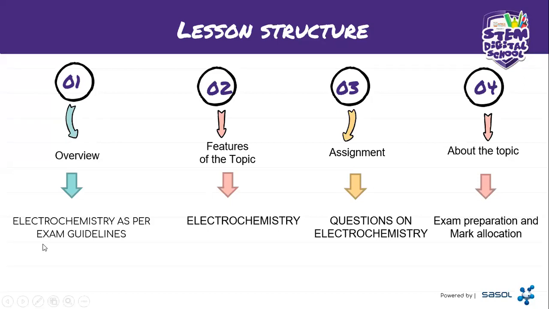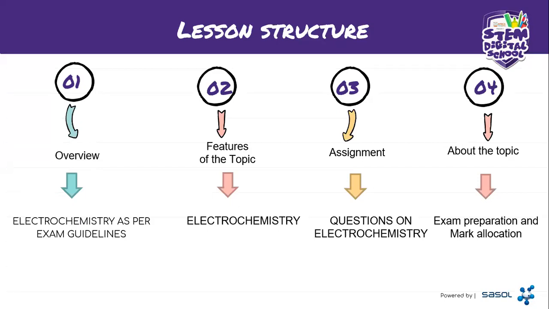We will look at electrochemistry as per the examination guidelines, but we'll just check one aspect, which is an aspect on alternative sources of energy, and check what actually are we required to know as per the examination guidelines.